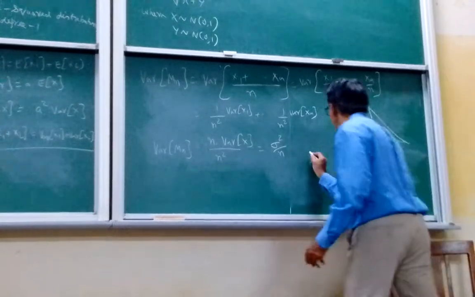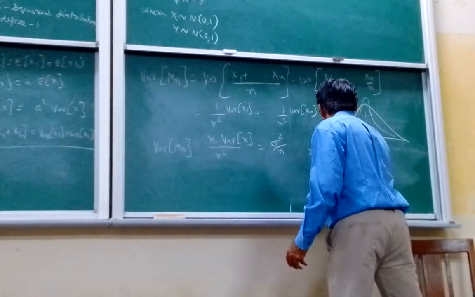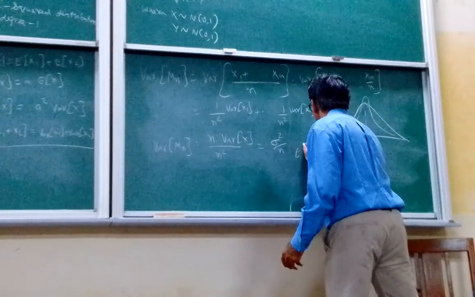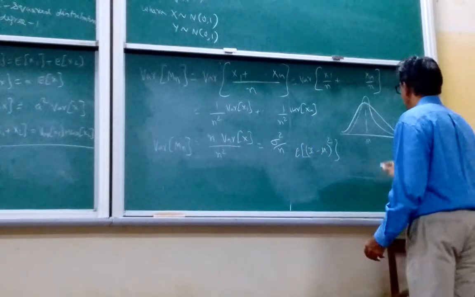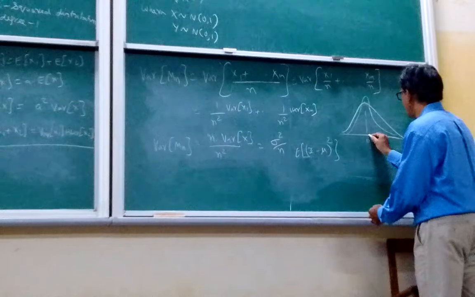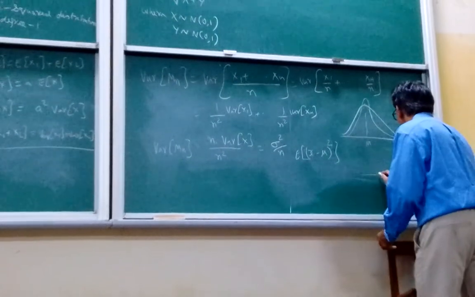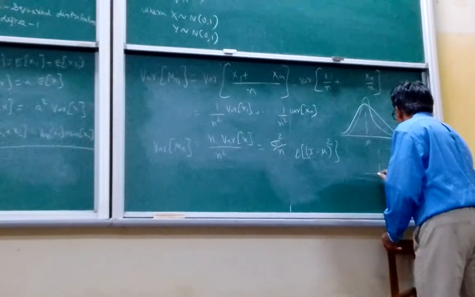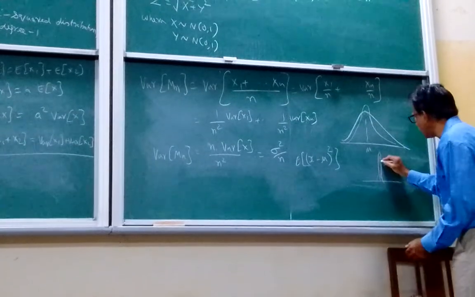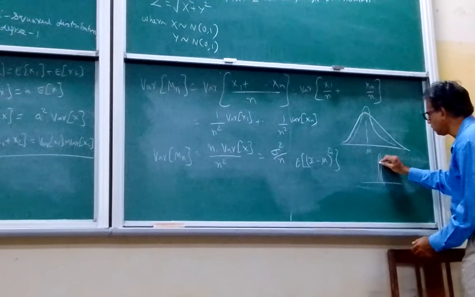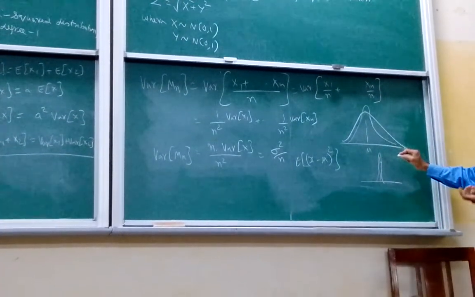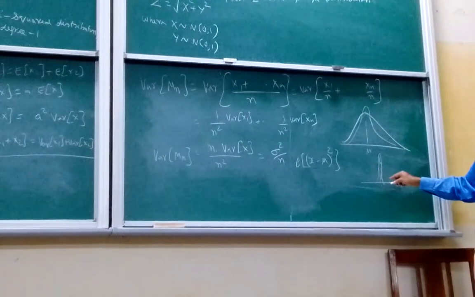Why is it so? The variance is the expectation of (X minus mu) the whole squared. Whatever X you get, you find the difference from the mean, square it, and then take the expectation.